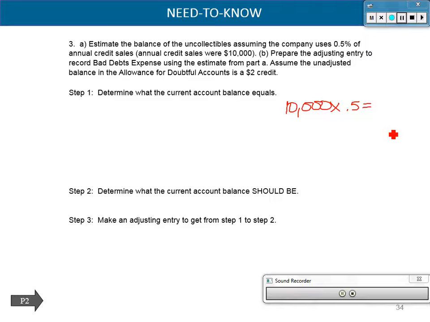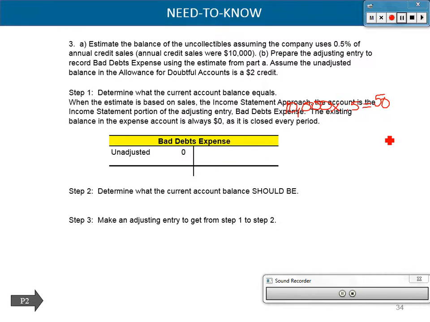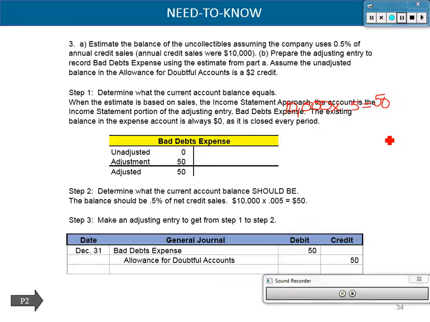Both of those are wrong. 0.5%. $50. I know y'all have calculators in here, right? You should. Just because it's the last 2 weeks of school doesn't mean you don't bring a calculator. $10,000 times 0.5% equals $50, which means the journal entry that we record is a debit to bad debt expense, credit to allowance for doubtful for those $50.